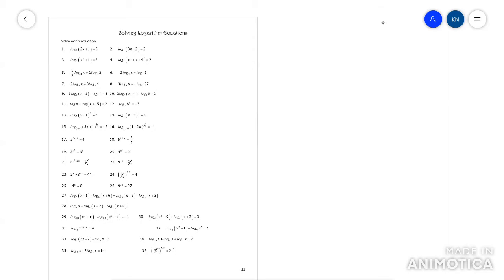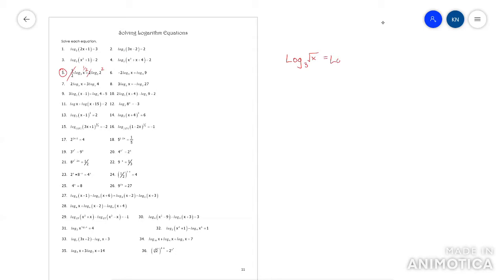Now, look at number like 5. This is where they start putting rules in here. So it's really like you need to rewrite this problem with these exponents like this. So it's really like log base 3 of x to the 1/2, which is the same thing as root x.